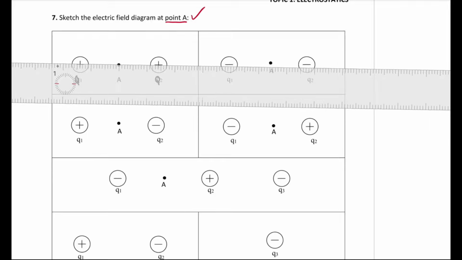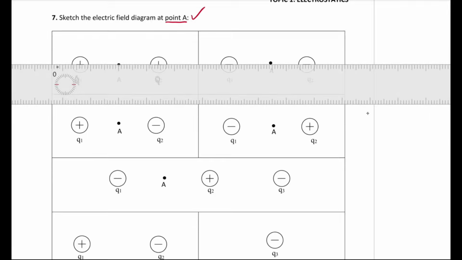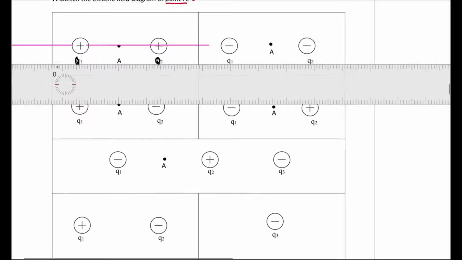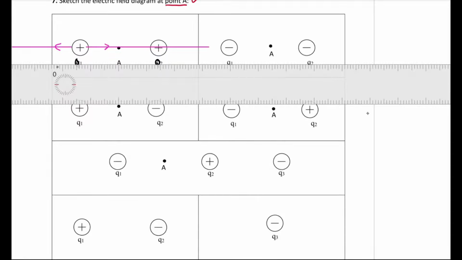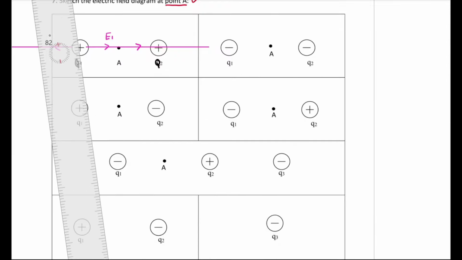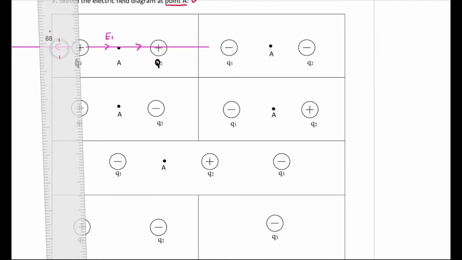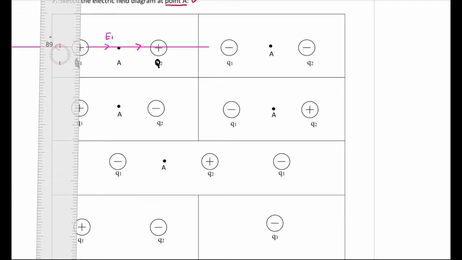Dia outward. Arrow dia mesti keluar daripada charge. So dia besar lah. Sebenarnya dia besar macam ni. Besar. Ke atas, ke bawah. So ini adalah E1. Dia besar macam tu. Okay, so at point A, you can see that the direction of the electric field due to Q1 is to the right.